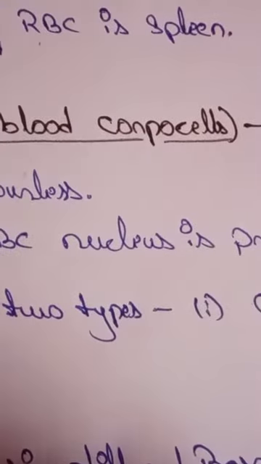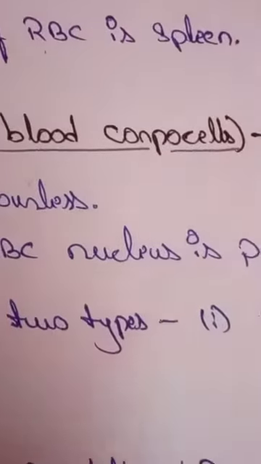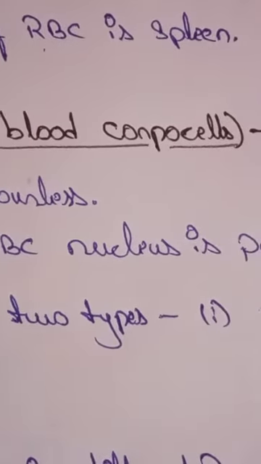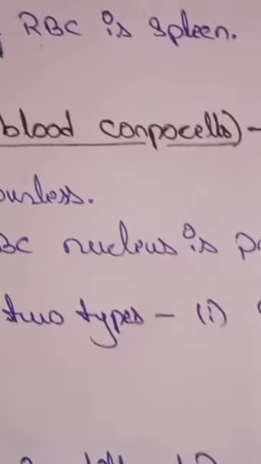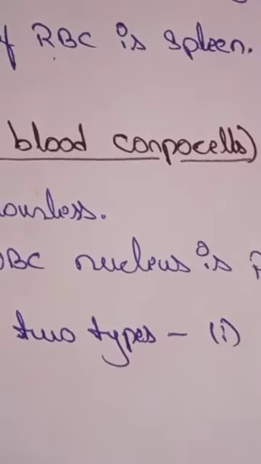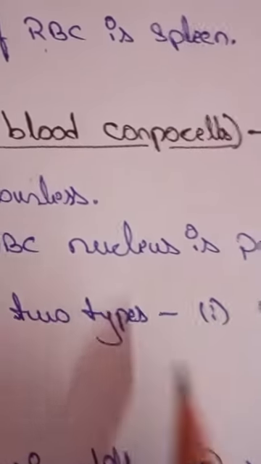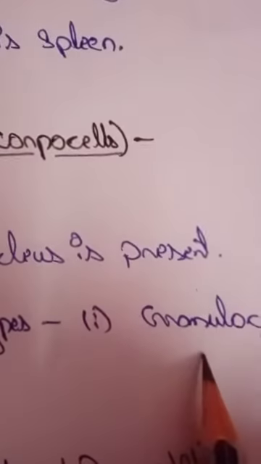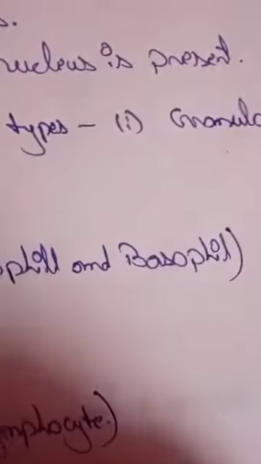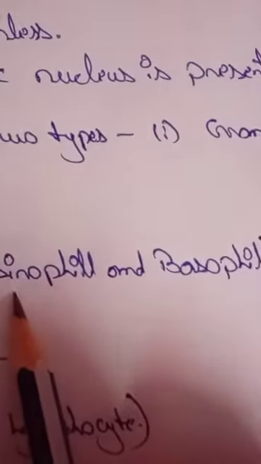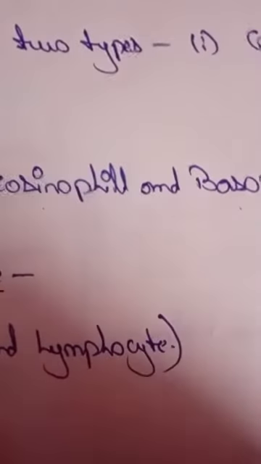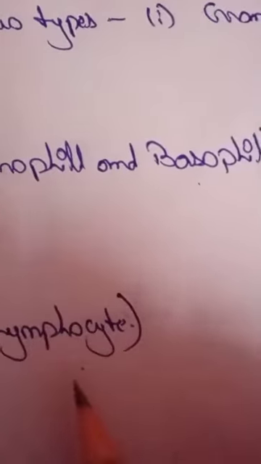The lifespan of WBC is 13 to 20 days. WBCs are of two types, granulocyte and agranulocyte. Neutrophils, eosinophils and basophils are granulocytes, and agranulocytes are monocytes and lymphocytes.